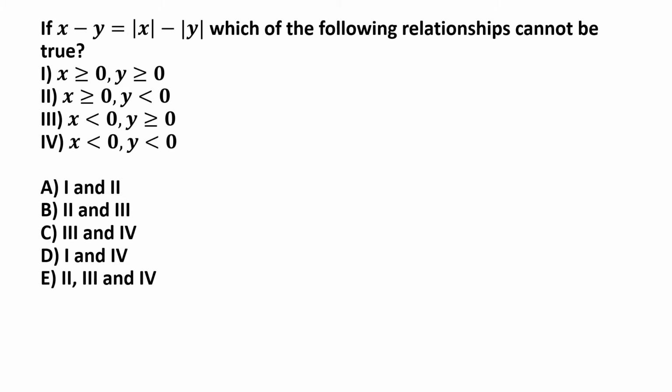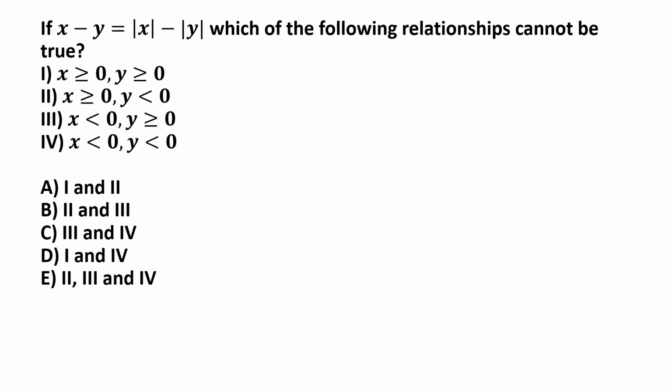If x minus y is equal to mod x minus mod y, which of the following relationships cannot be true? And then we are essentially given the different domains in which the variables x and y could be. For example, the first one is x greater than or equal to 0, y greater than or equal to 0.